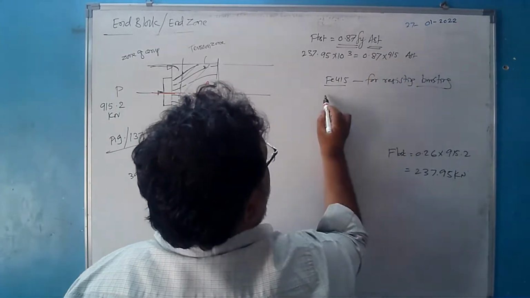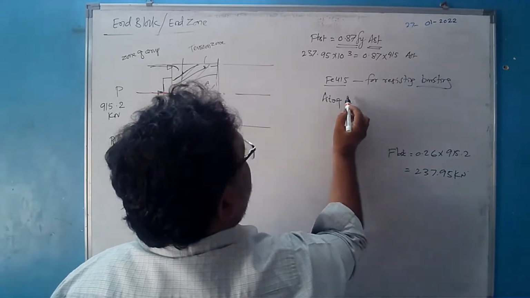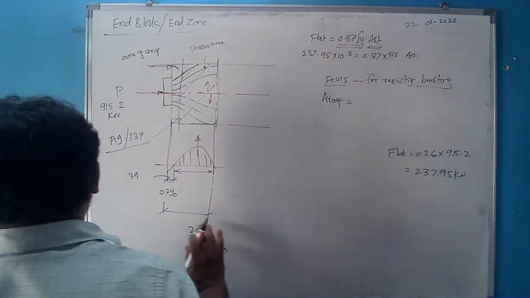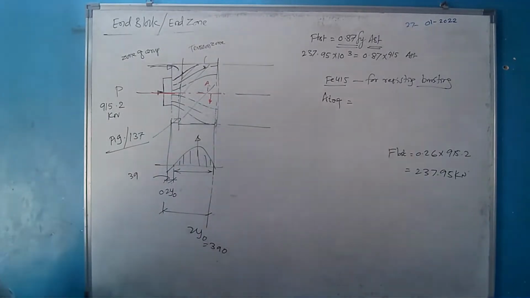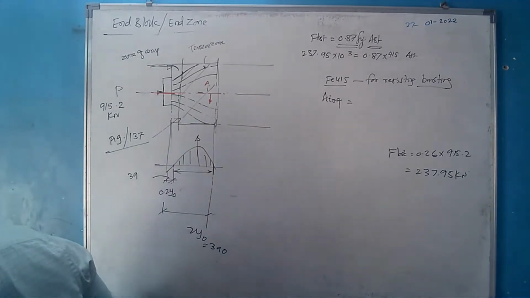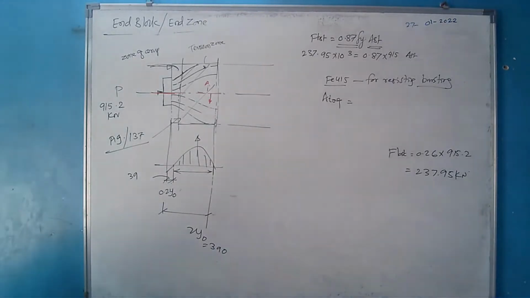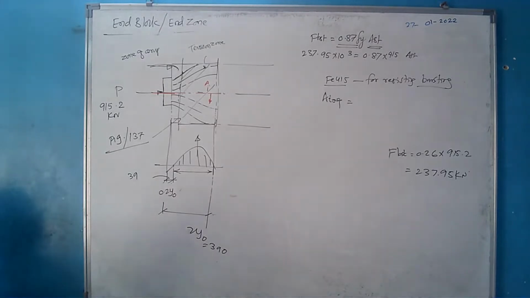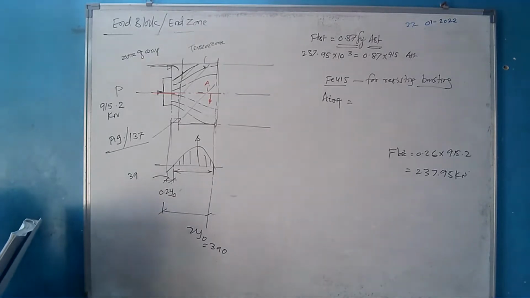सो यू विल गेट द एरिया ऑफ स्टील रिक्वायर्ड. कितना स्टील मुझे रिक्वायर्ड है बस्टिंग को रेजिस्ट करने के लिए? व्हाट इज द एरिया ऑफ स्टील रिक्वायर्ड? यहाँ पर लिखा है, इट इज ऑन पेज नंबर 136। वो जो टेबल दिया है 13.1, उसके नीचे लिखा है 2y0 is the side of the end block, 2y0 is the side of the loaded area. अगर सर्कुलर बेरिंग प्लेट प्रोवाइड करते हैं तो दैट इज टू बी कन्वर्टेड इनटू इक्विवेलेंट square plate.